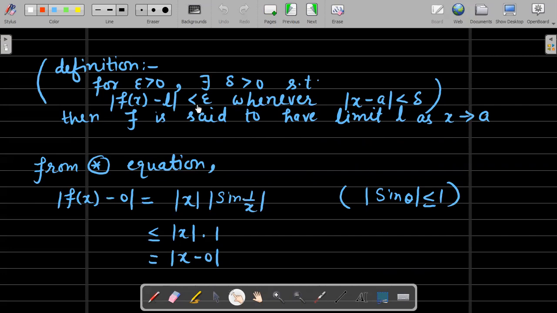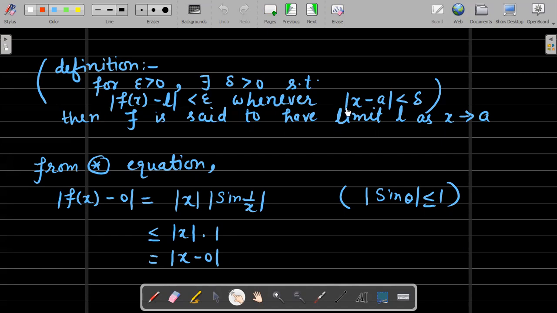That is, we have to prove |f(x) - 0| < epsilon whenever |x - a| < delta, and there must exist some delta greater than 0 such that |x - a| < delta.